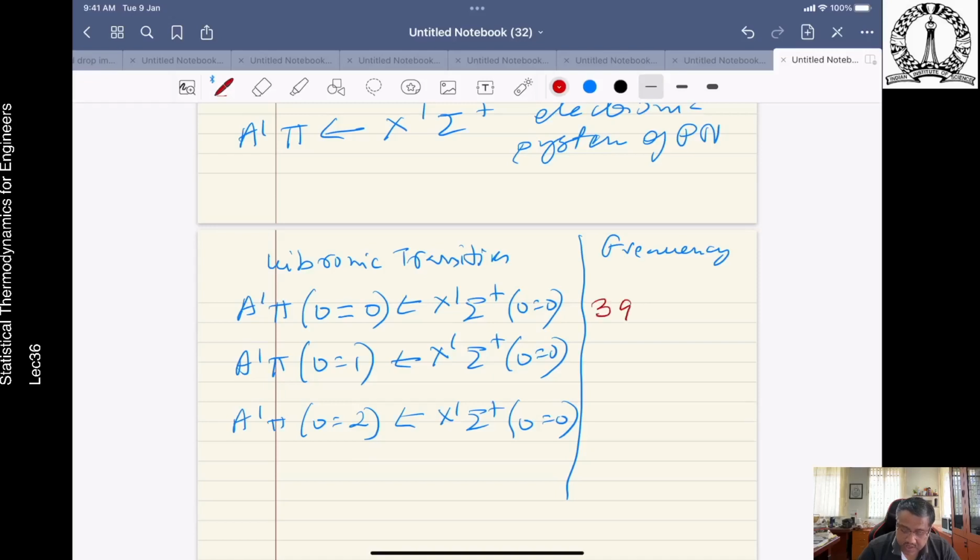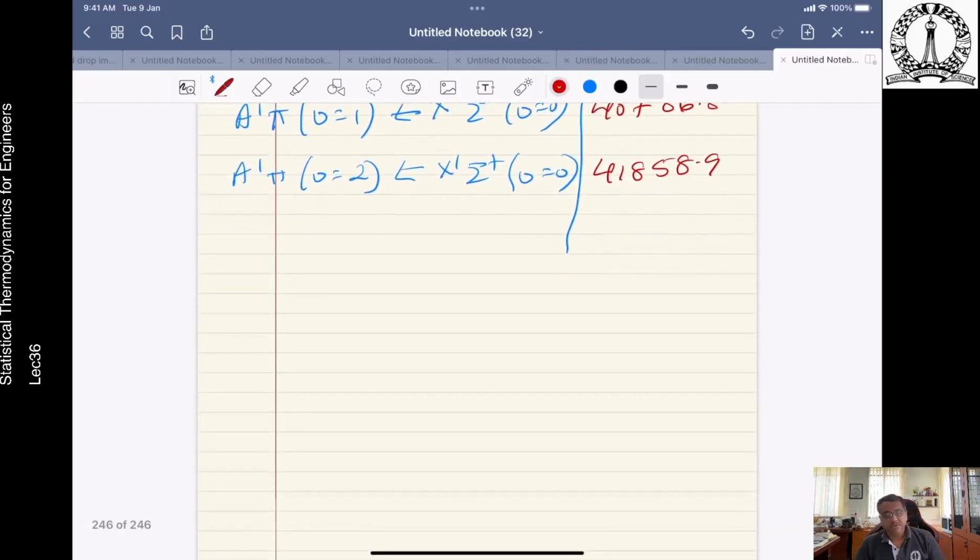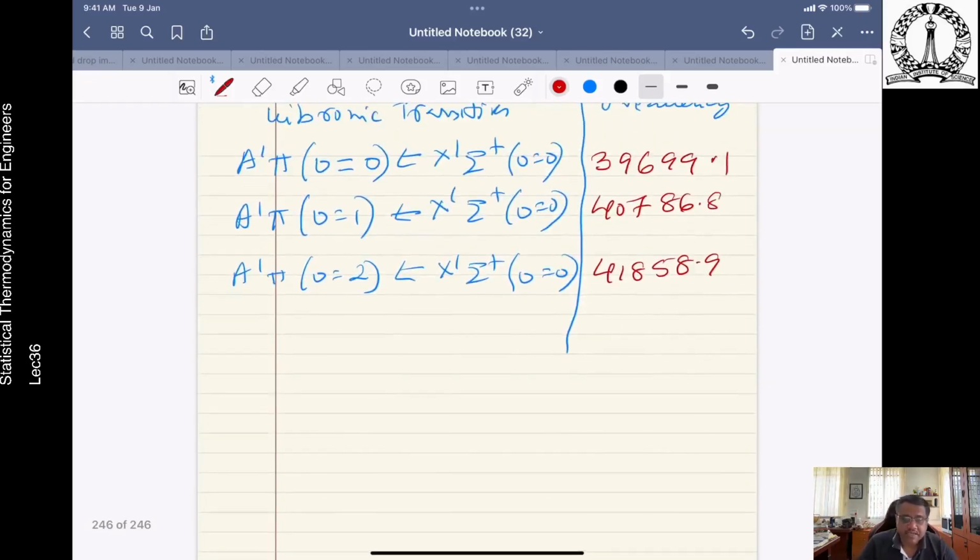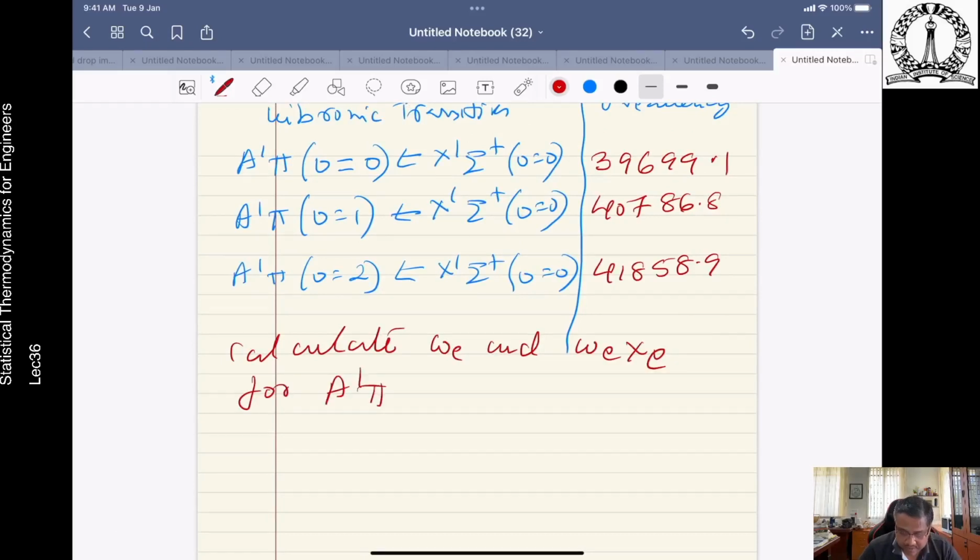The frequencies are 39699.1, 40786.8, and 41858.9. Using this data, the question is to calculate omega e and omega e xe for the A1 pi electronic state of PN.